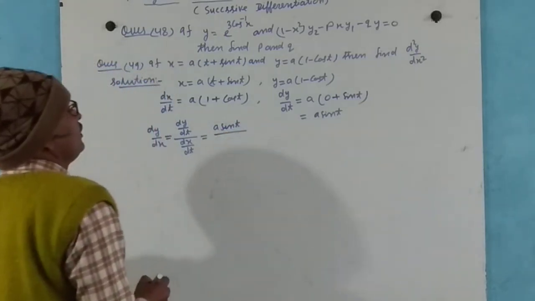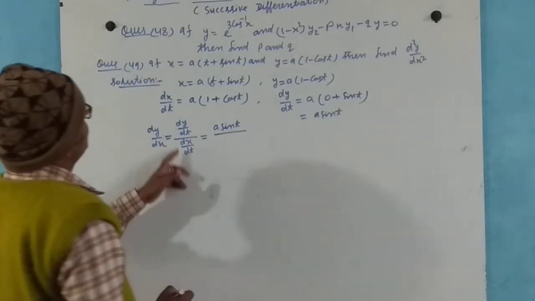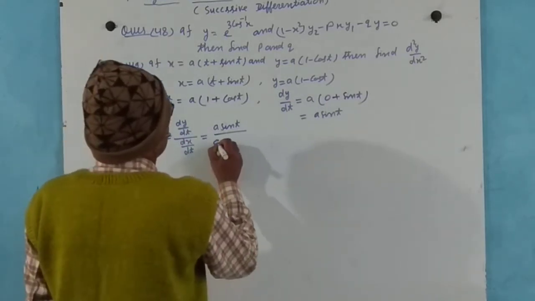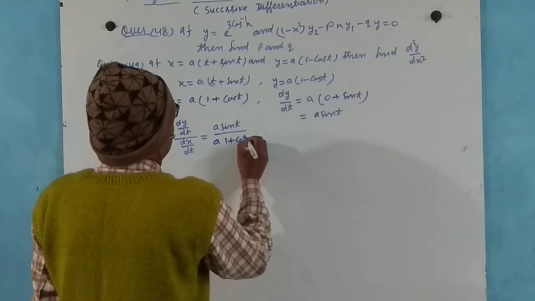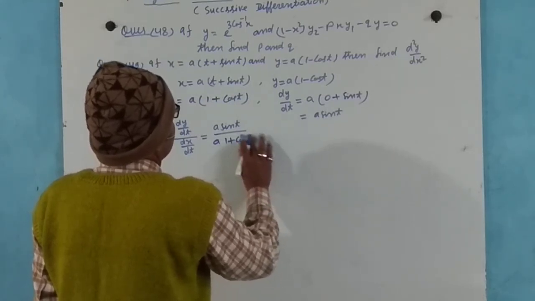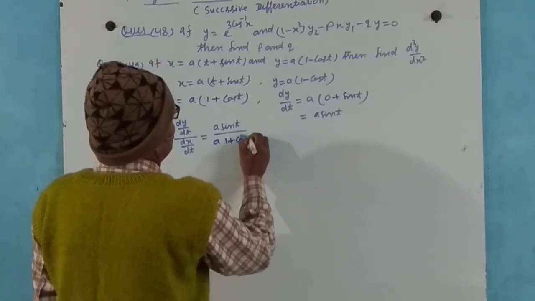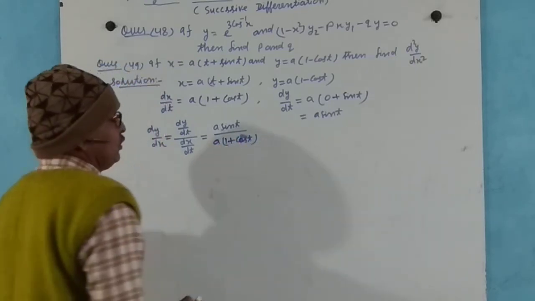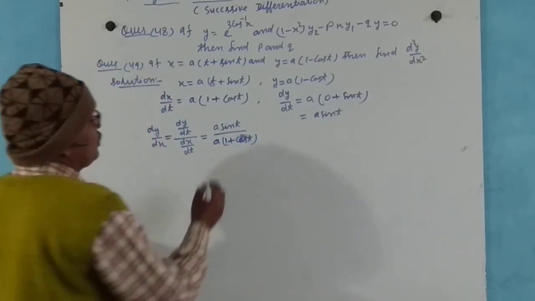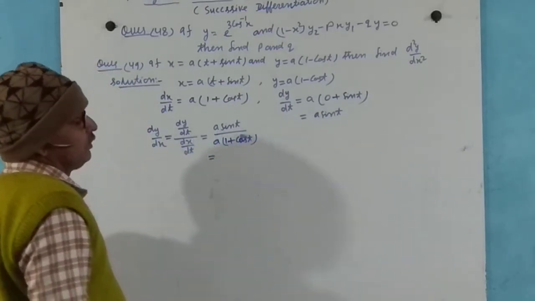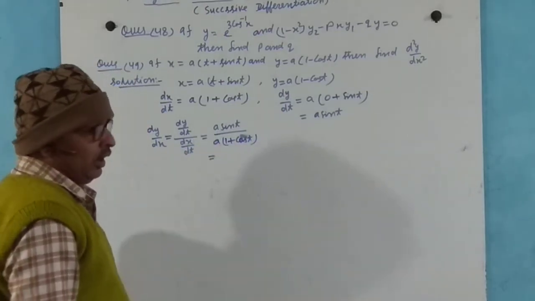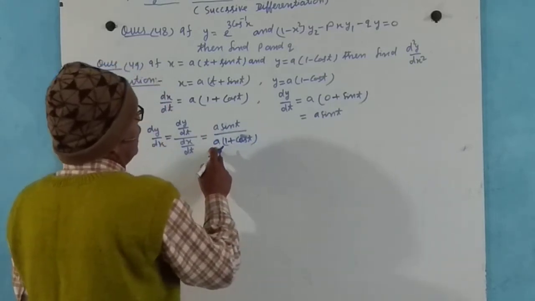divided by dx by dt equal to a 1 plus cos t, so that a cancels and a cancels.